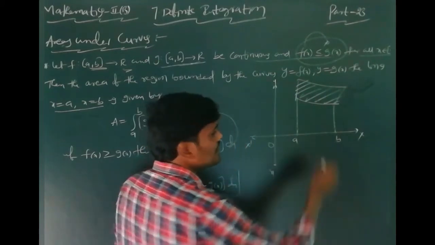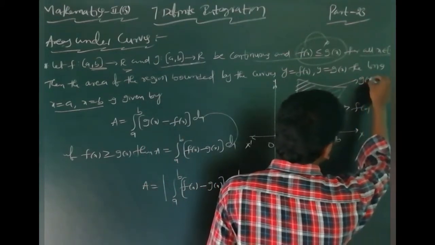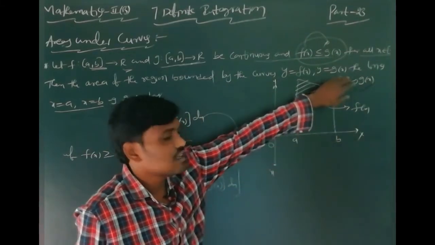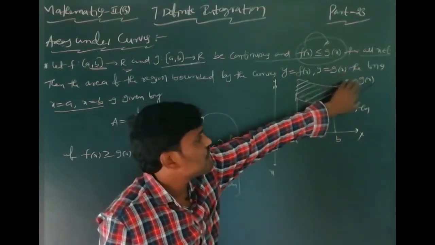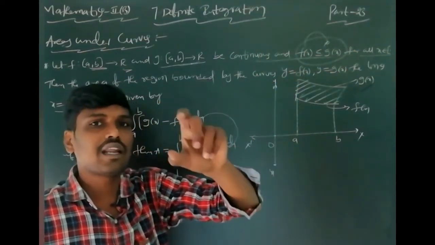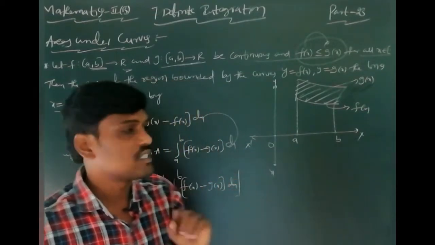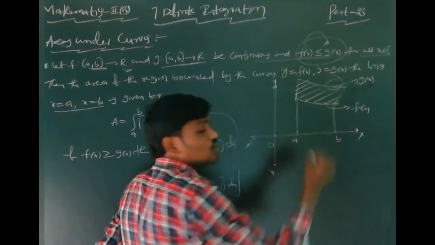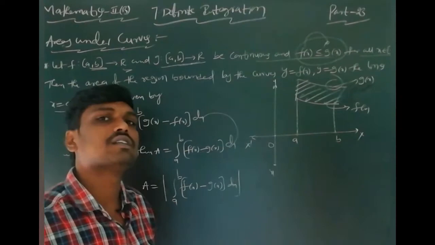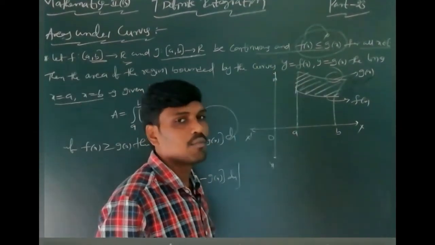In this area, this is the f of x curve and this is the g of x curve. Here the g of x curve is greater than the f of x curve, so you write the integral from a to b of g of x minus f of x. Okay students, if this were f of x, you would write f of x minus g of x. That is the formula. This is a very important graph and formula.